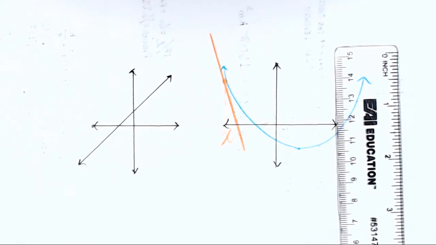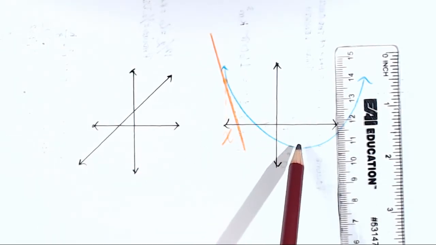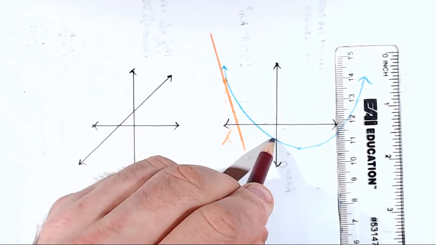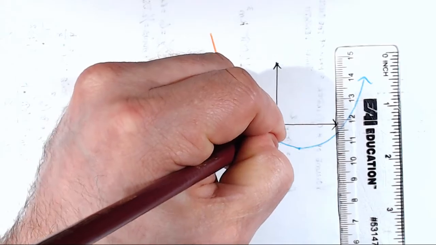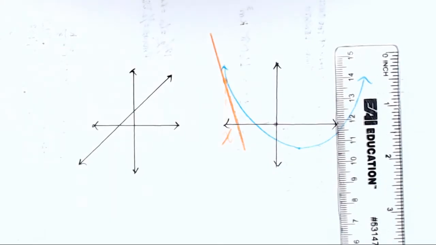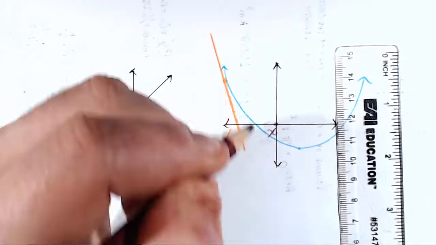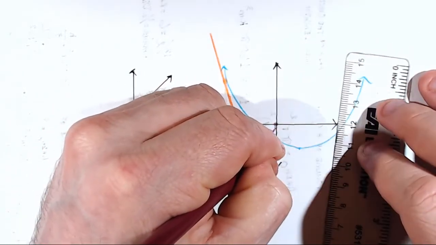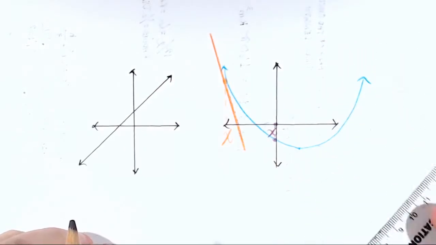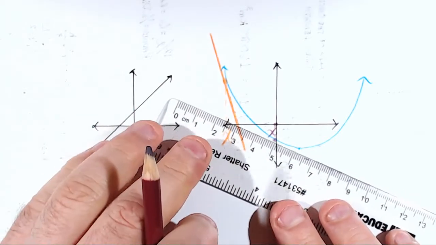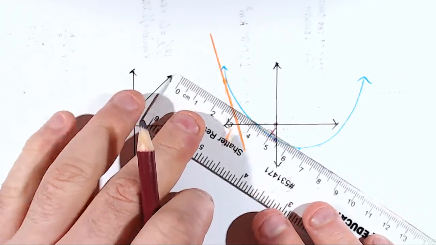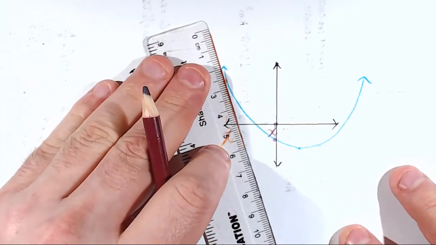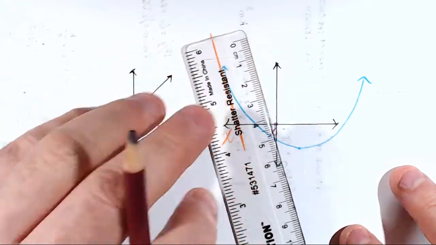Now let's move a little bit closer to the vertex of the quadratic. Let's move over here. So how about when we're at 0? Okay, so this is our new x value. Well, if we go down to the quadratic, now we notice that in order for me to bring my ruler in here, I can't make it as steep as that line. The game is you cannot cut through with your ruler.